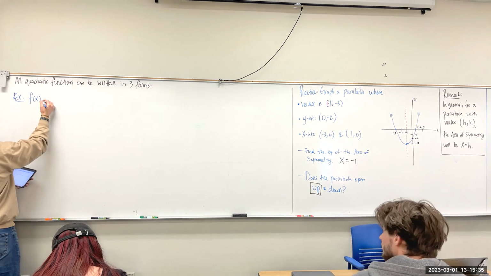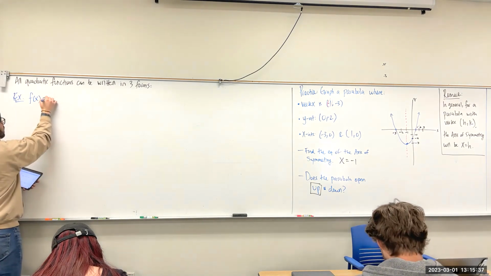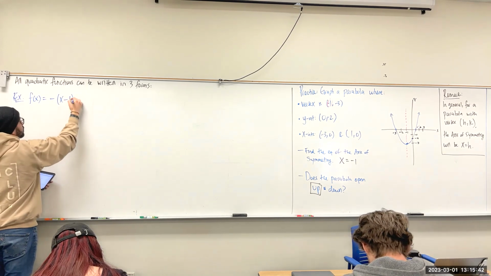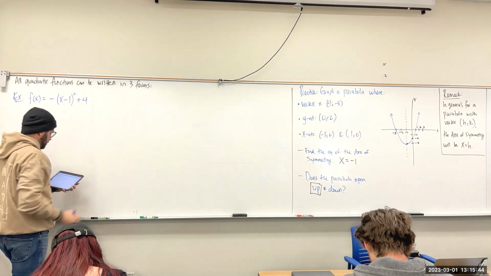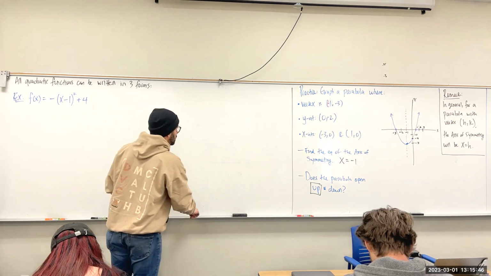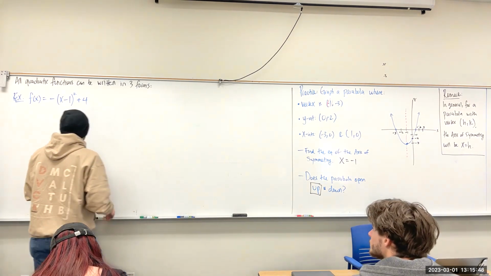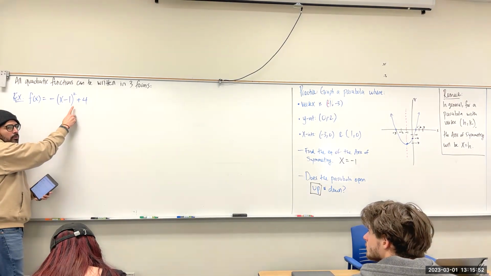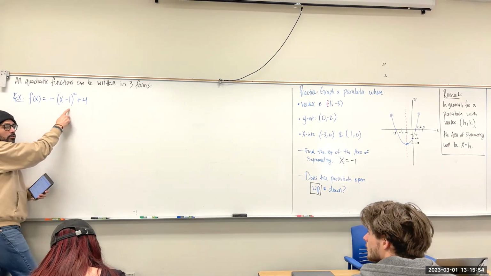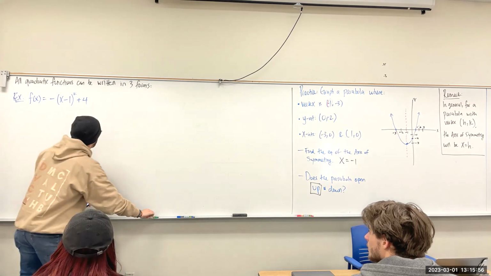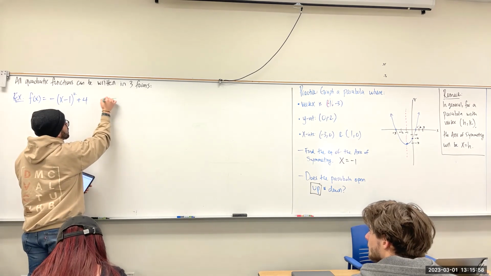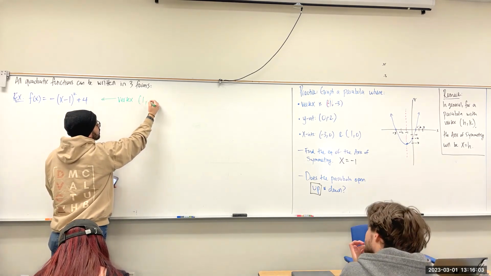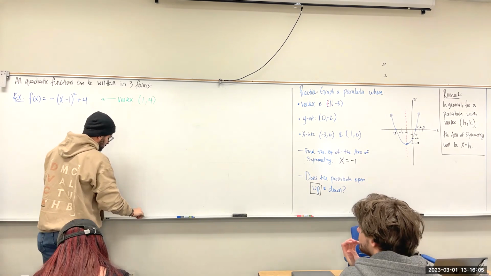So let's say f of x equals negative x minus 1 squared plus 4. If you look at your notes, what was the vertex of the parabola of this quadratic function? It was 1, 4, right?